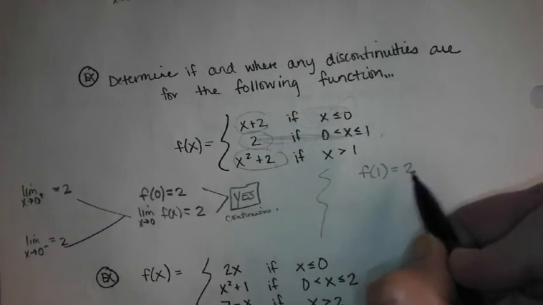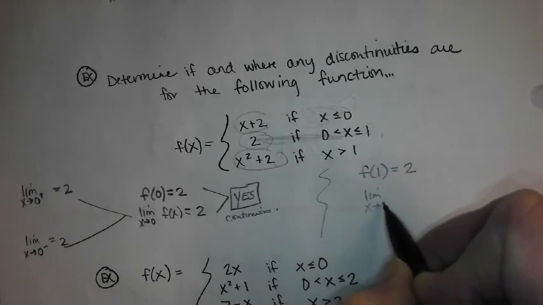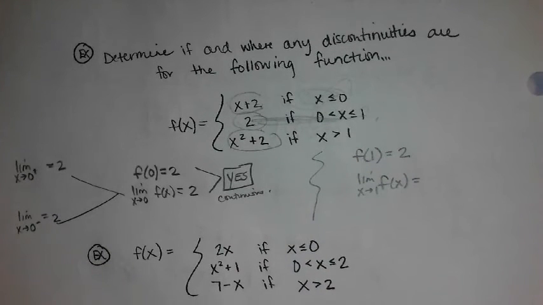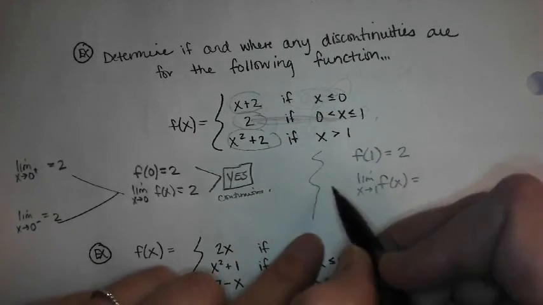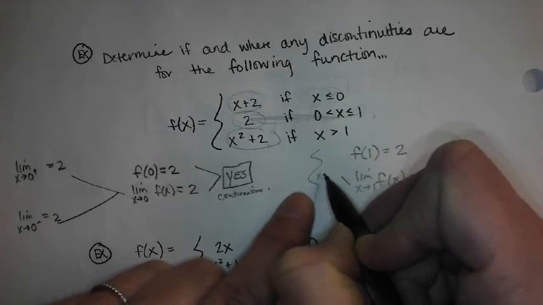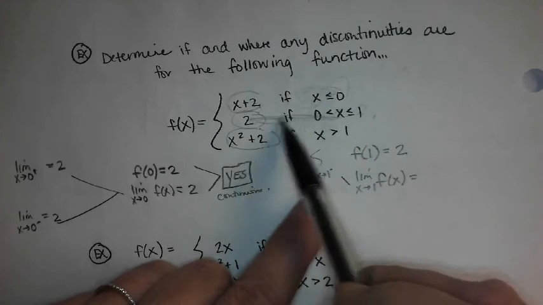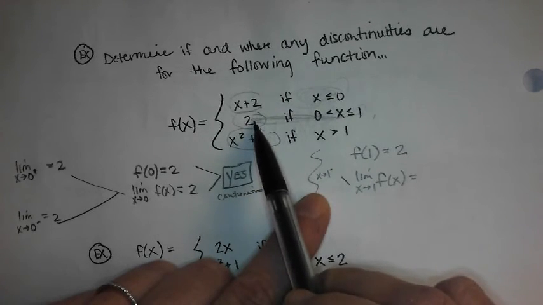2. Our limit as x approaches 1 is going to take some work because we have to think about what if we're approaching 1 from the left versus what if we're approaching 1 from the right? So as x approaches 1 from the left, we're using this equation, right?